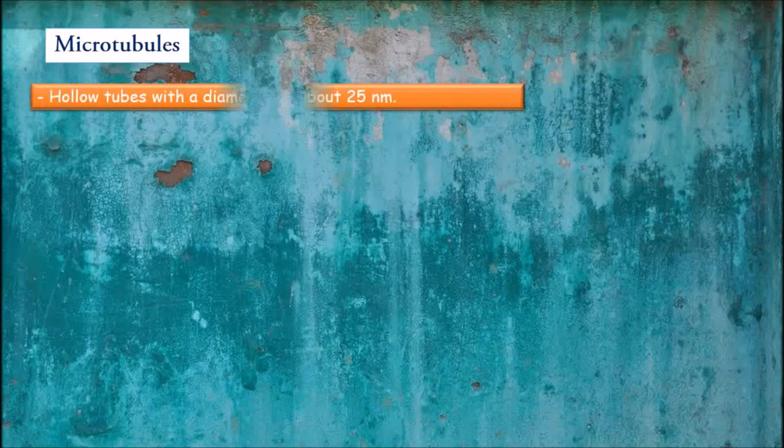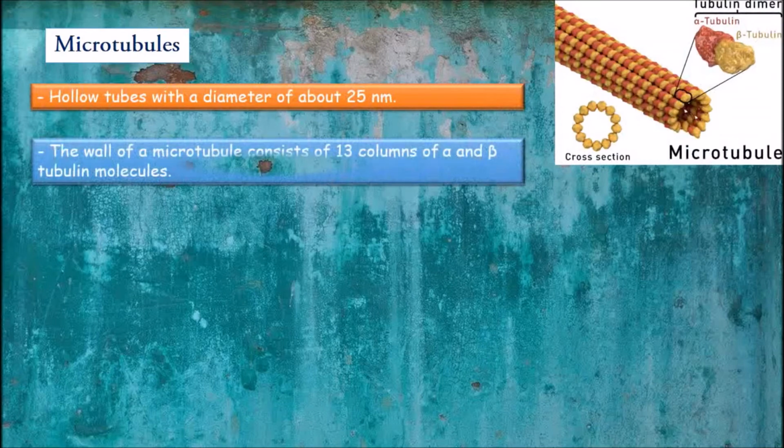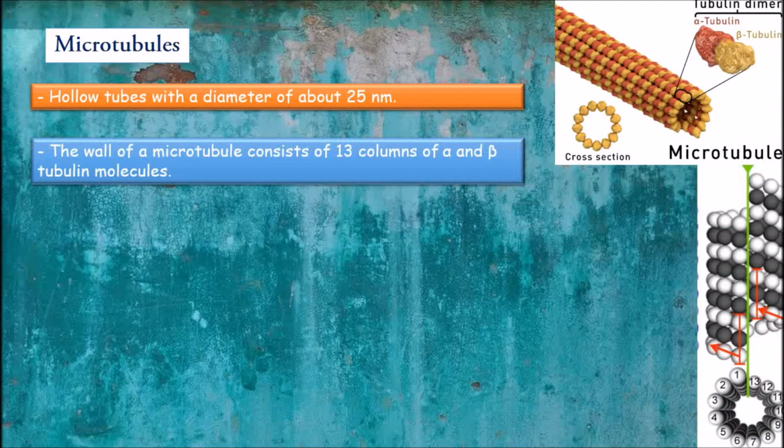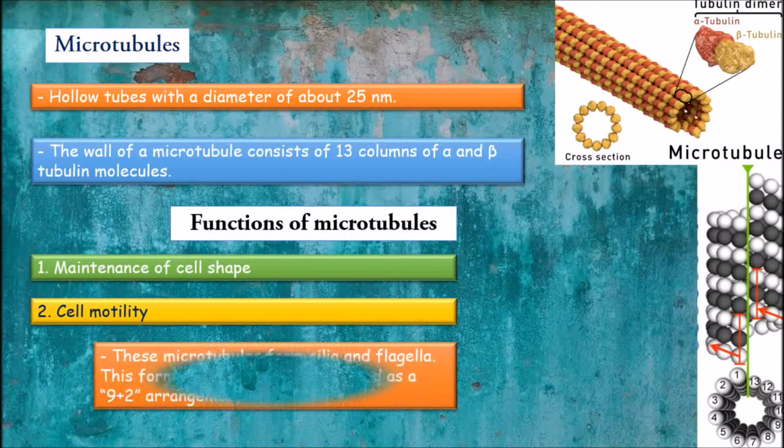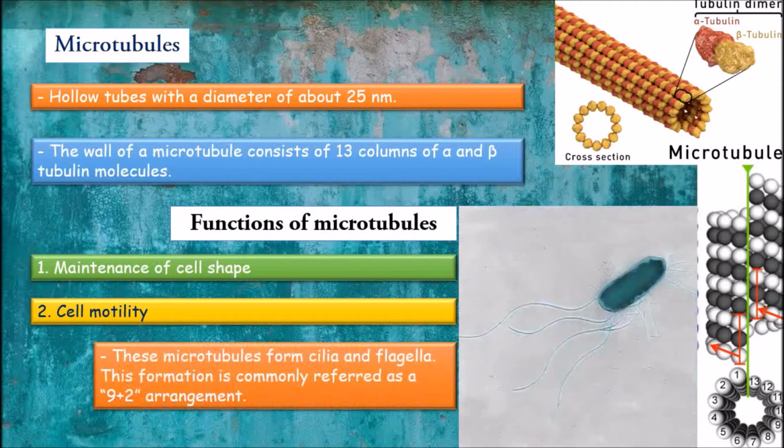Microtubules. They are hollow tubes with a diameter of about 25 nanometers. The wall of a microtubule consists of 13 columns of alpha and beta tubulin monomers. Functions of microtubules: maintenance of cell shape, cell motility.